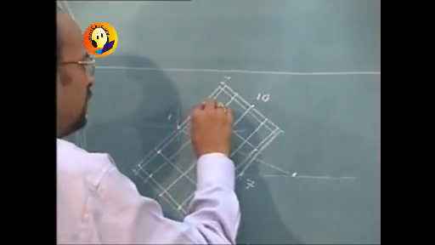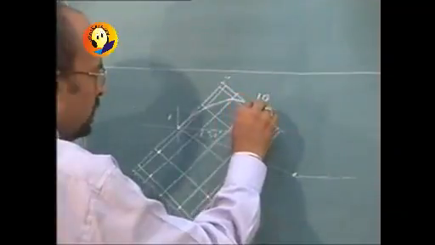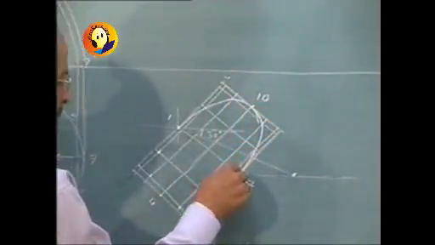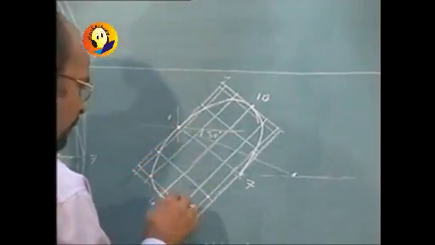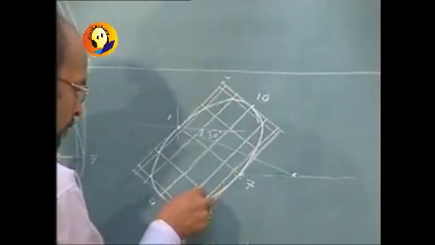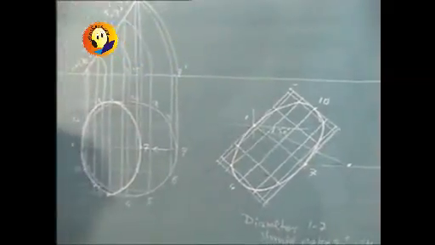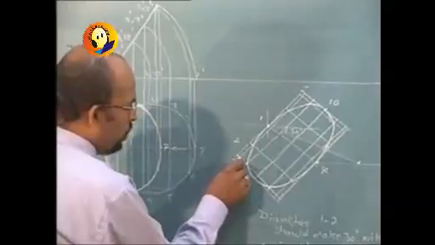And now these points again can be joined by the smooth curve, so that the same ellipse has been redrawn. Naming is always essential.